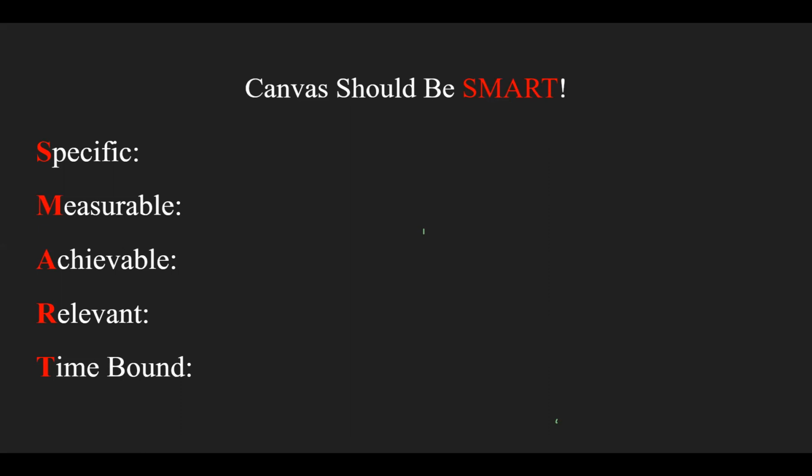But before you share a canvas with anybody, my recommendation is everybody, even if you are a student or even if you have been working in the sector for 20 years, everybody should do a canvas, and the things they write down on their canvas should have these 5 specialties.